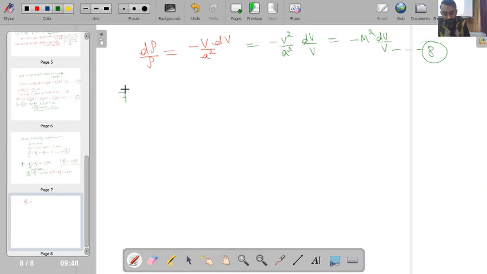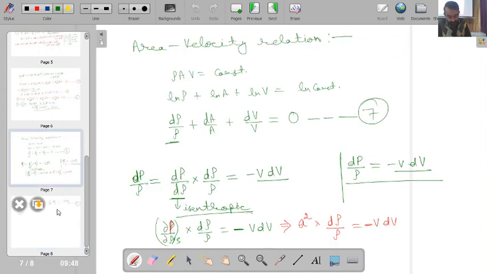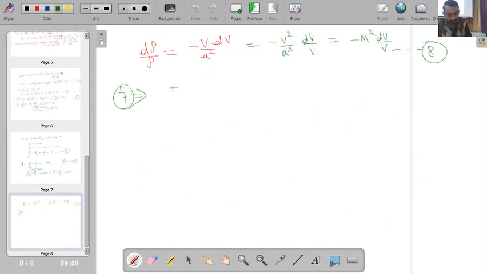Now if I substitute equation 8 into equation 7, I can replace d rho by rho with minus M square into dv by v, plus dA by A, equal to 0.